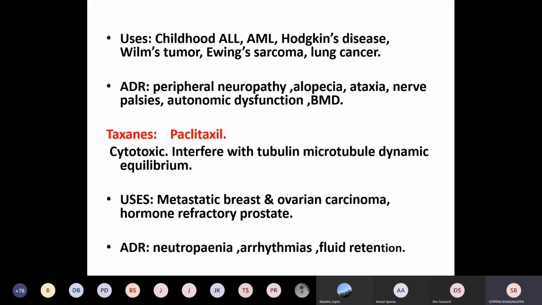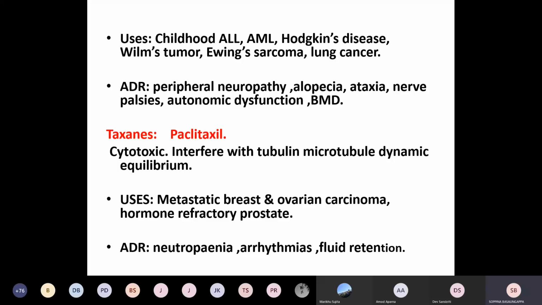Uses: childhood acute lymphatic leukemia, acute myeloid leukemia, Hodgkin's disease, Wilms tumor, Ewing's sarcoma, lung cancer, etc. Adverse reactions: peripheral neuritis, alopecia, ataxia, nerve palsy, autonomic dysfunction, bone marrow depression.